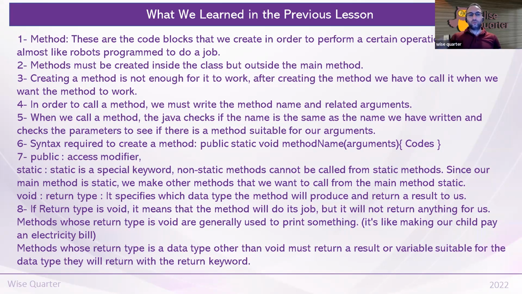Otherwise, it won't work. How do we call the method? If we are in the same class as the method, just writing the method name is enough. But if it is in another class, you may need to use the class name for static methods.